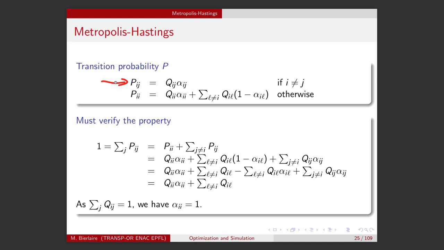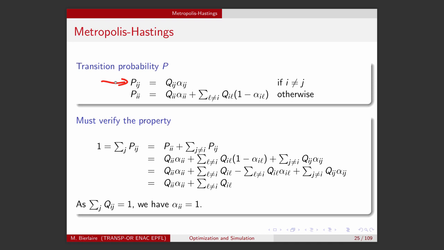It means that one, state j should be proposed by the first process, and this is true with probability qij, and it is accepted, which is true with probability alpha ij. So we have the probability to move from state I to state j when I and j are different.